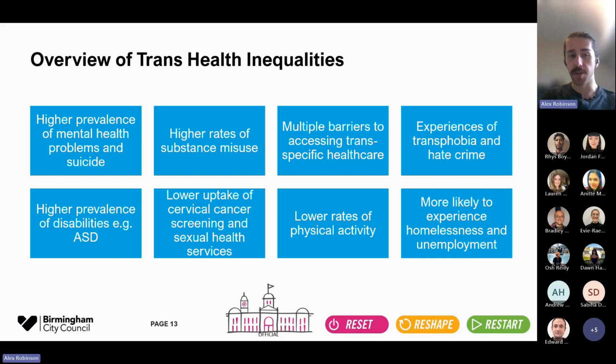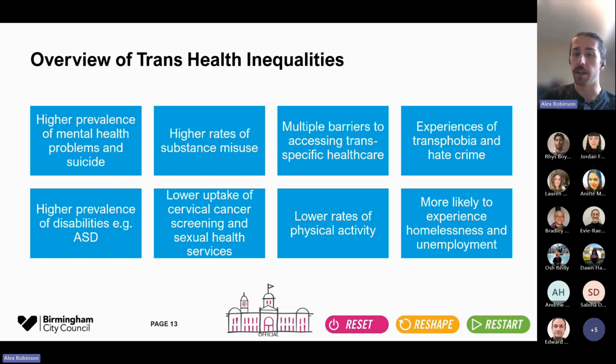There's also issues with substance misuse among trans people. 62% of trans people reported alcohol dependency, and that compares to 1.6% among the resident population in Birmingham and 1.4% among the general population in England.